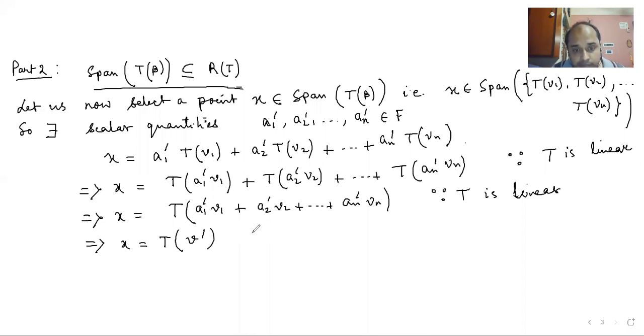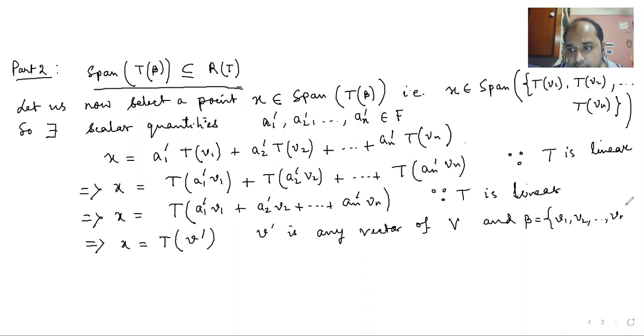Why? v prime is any vector of capital V, and beta, which is v1, v2, ..., vn, is a basis. So v prime is any linear combination of these vectors v1, v2, ..., vn, which will be another vector of the vector space. So x is actually equal to T of v prime.